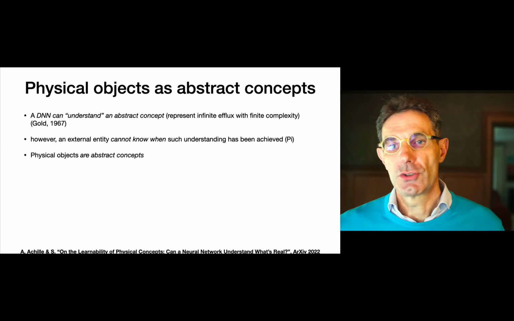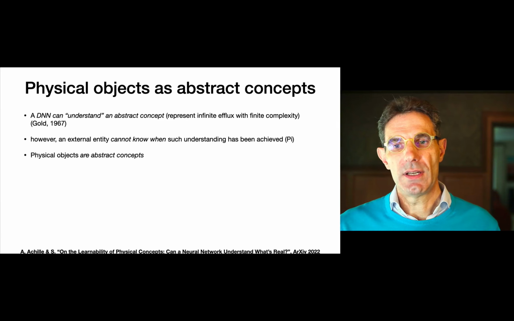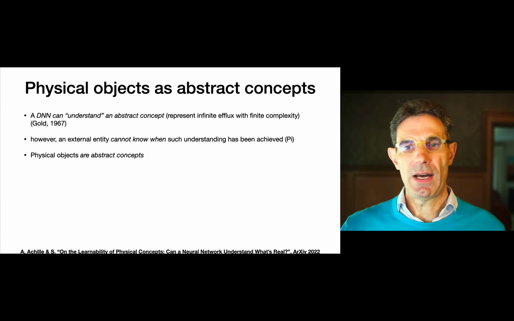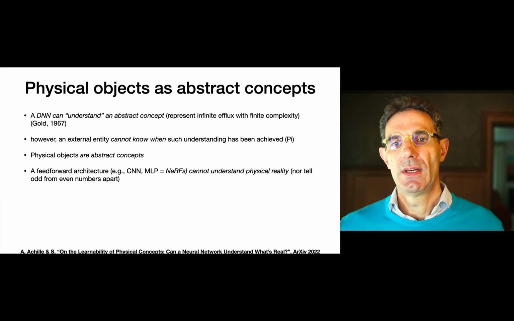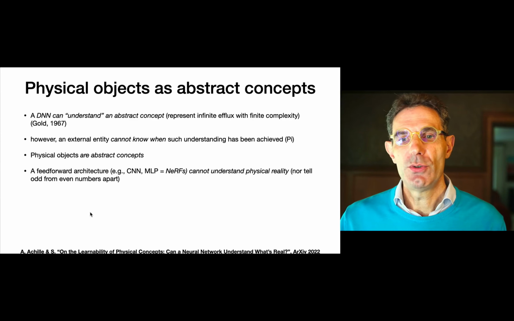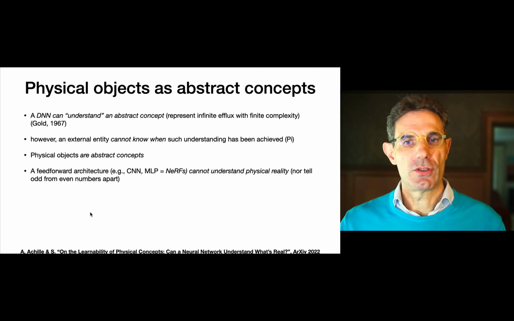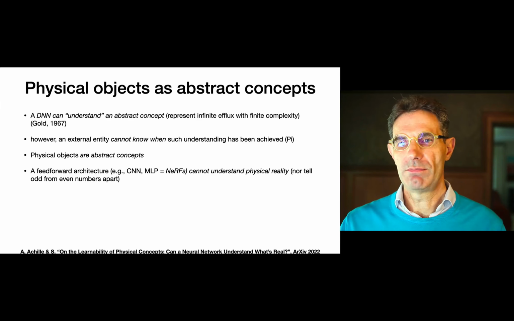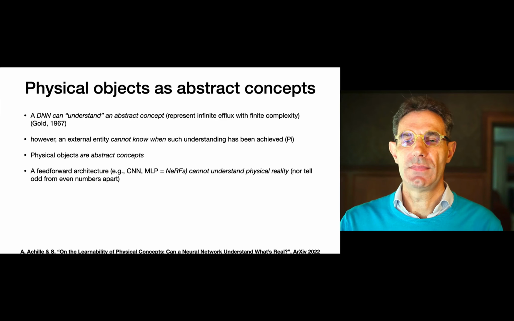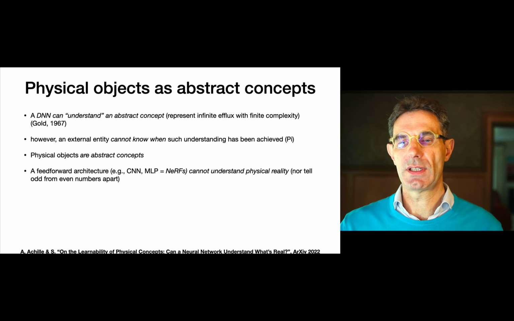Okay. So the second point we make in this paper is that physical objects are abstract concepts. There really is no difference between pi and the physical scene. However, the bad news is that a feed-forward architecture, no matter how big, no matter how many data it is trained with, cannot understand physical reality. In fact, a CNN cannot even classify even from odd numbers beyond a certain size.